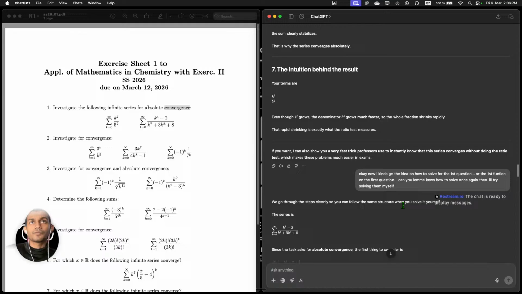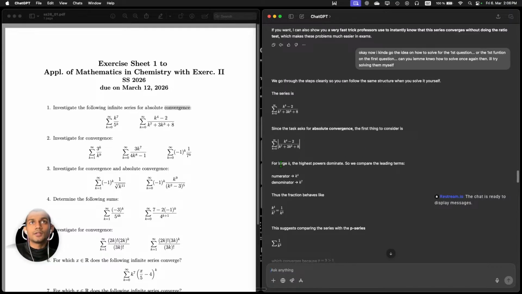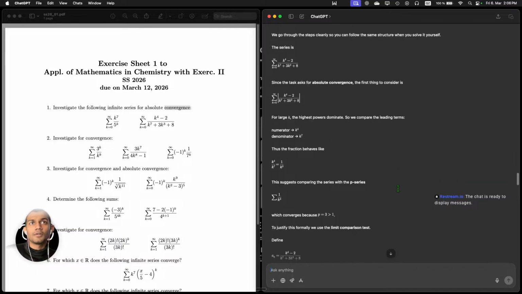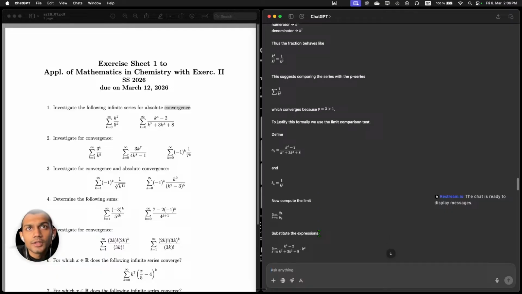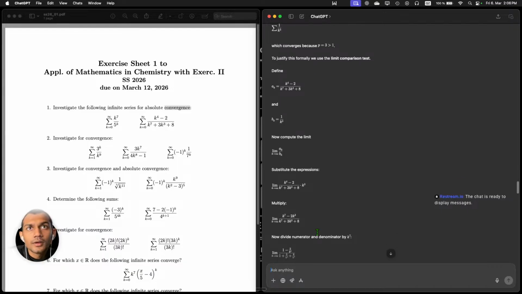So you get the highest power value, and suggest comparing the series with P series, which converges because P equals 3 greater than 1. To justify this, formally we use a limit comparison test. So with b_k, we compute the limit, substitute the expression, multiply, now we divide the numerator by k raised to 7.